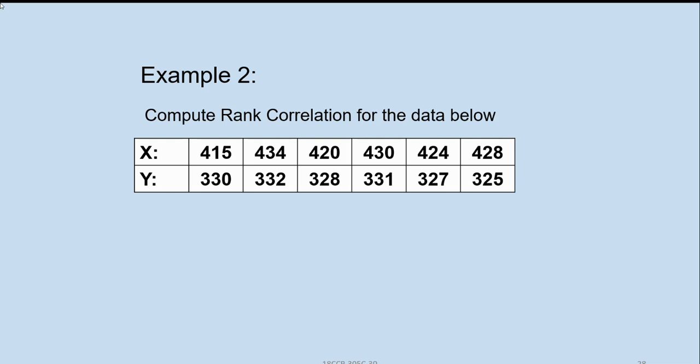And 332 is the sixth rank. So 6 ranks are given for X, and 6 for Y. This is how we will prepare the ranks if ranks are not given. Right? Now we will see the problem.